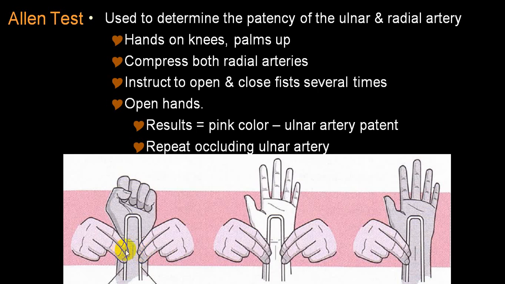But in a case of doubt, what we do is you compress both the blood vessels. This will become pale. You can see here, by compression this becomes pale. You release one, you have released this ulnar, and if it fills up, look at the time, what time it takes.